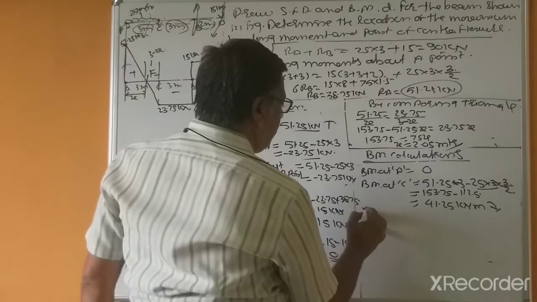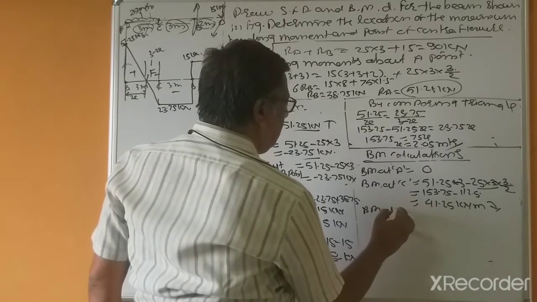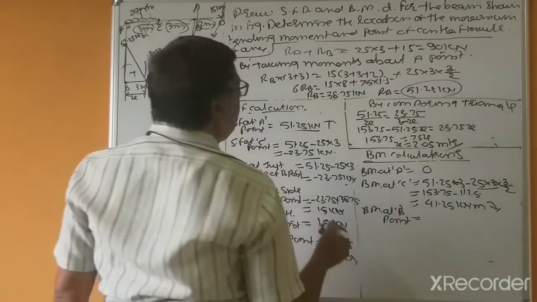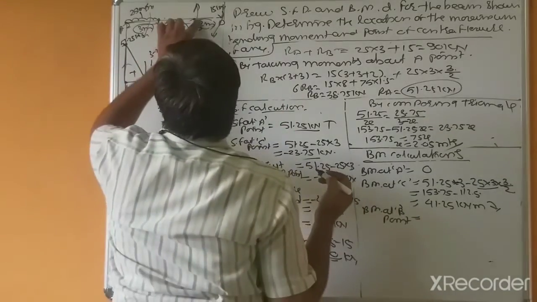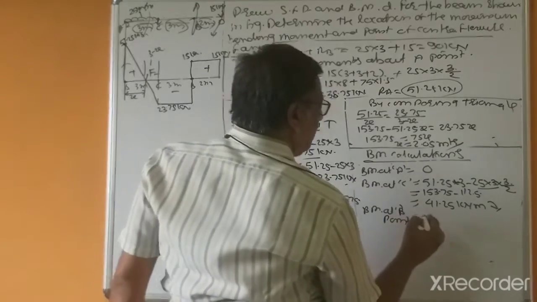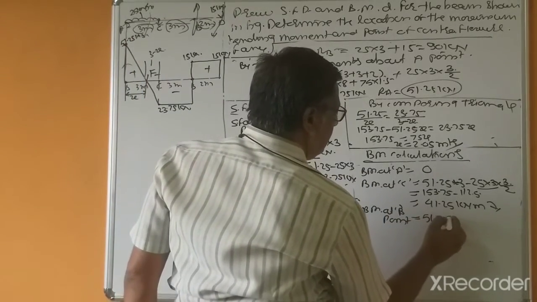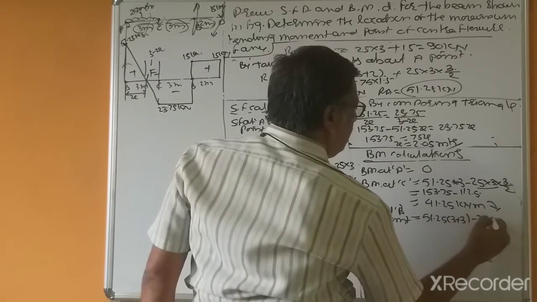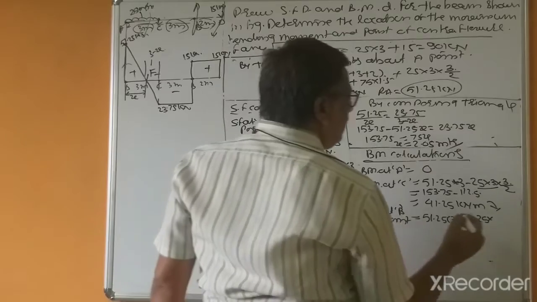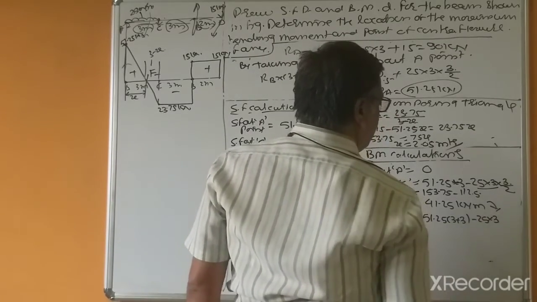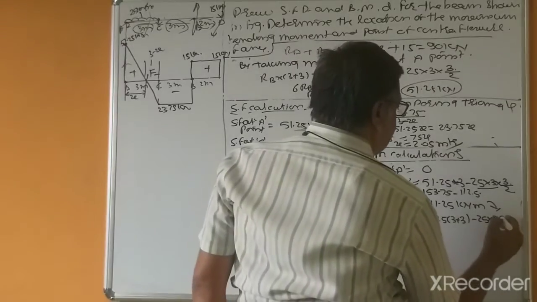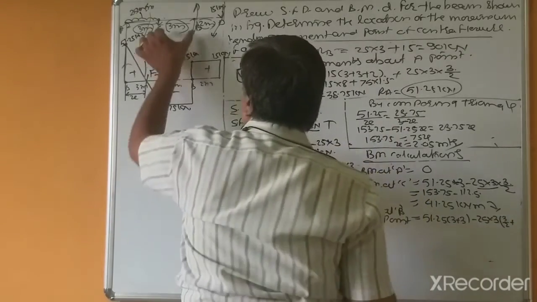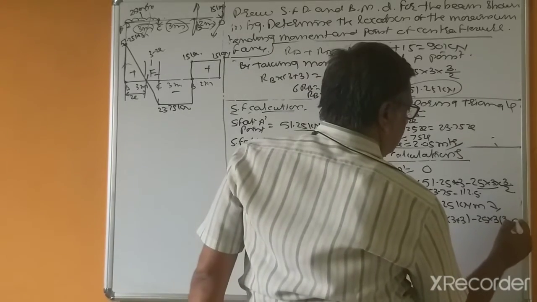Bending moment at B point. Next is the bending moment at B point. Again we have to increase this distance. B point means 3 meter plus 3 meter. So that's why 51.25 multiplied by 3 plus 3 minus 25 into uniform distributed load 3 and half of its distance, 3 by 2 plus remaining distance, the 3 meter.